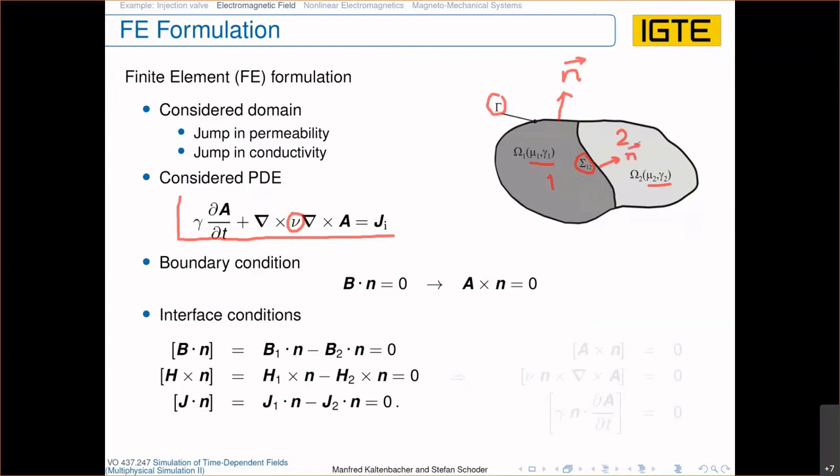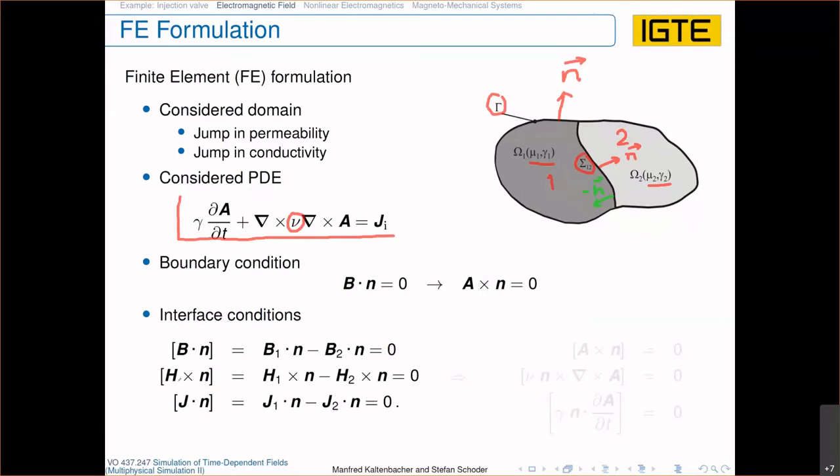And if I look now at subdomain omega 2, the normal vector, since it points out of the domain, will be minus n. And that is why we get this minus as shown.